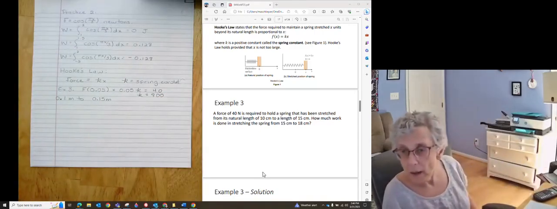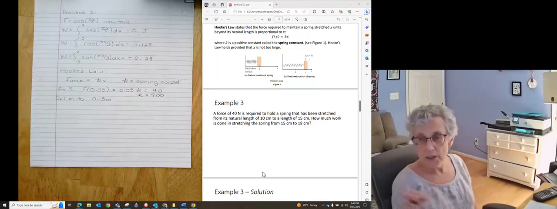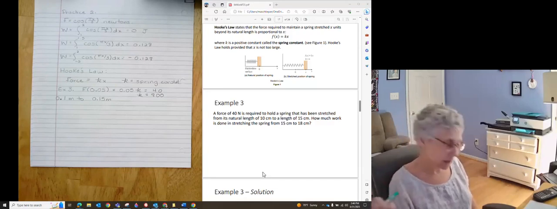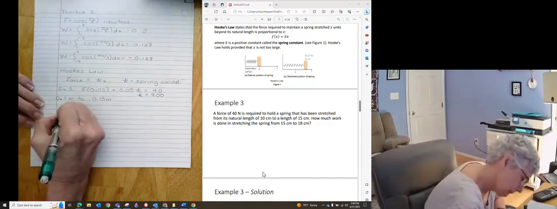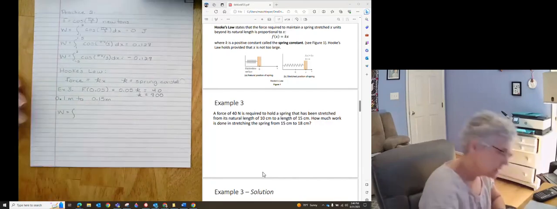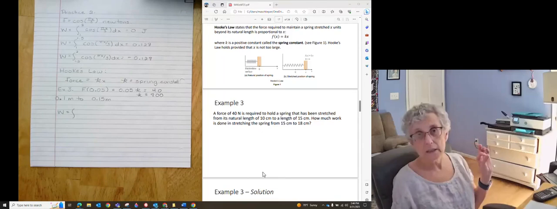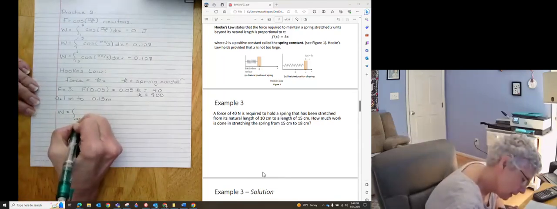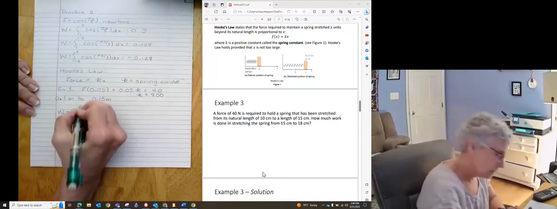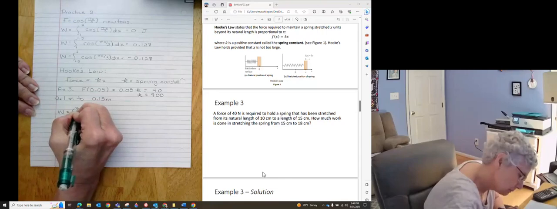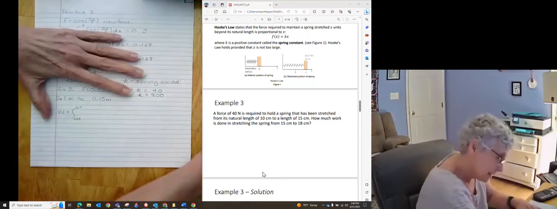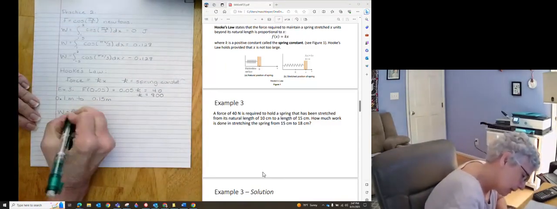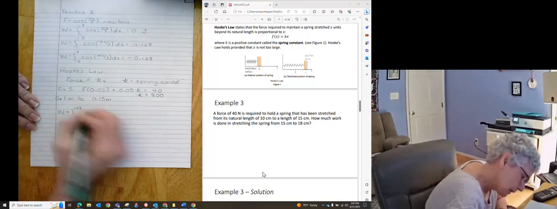We want to know how much work is done stretching the spring from 15 centimeters to 18 centimeters. So its natural length was 10 centimeters. We're going from being stretched 5 centimeters to being stretched 8 centimeters. Let me get my decimal point in the right place. 0.08.